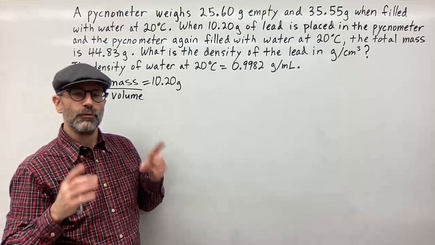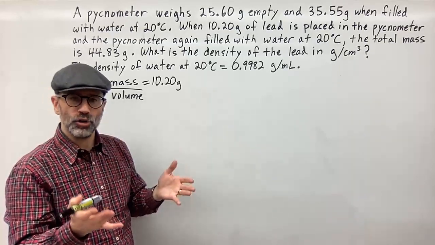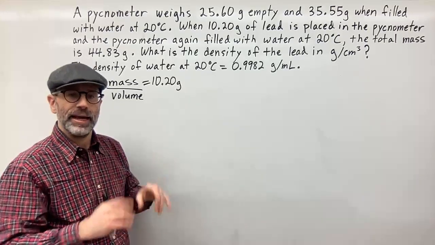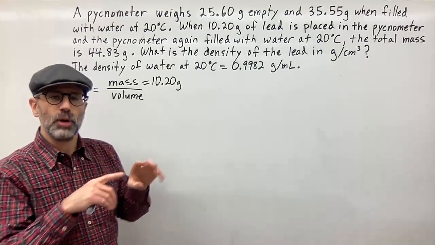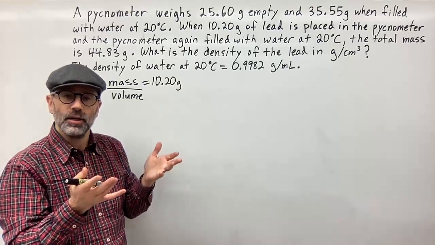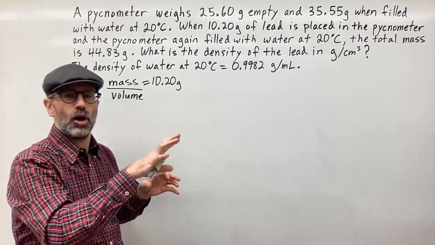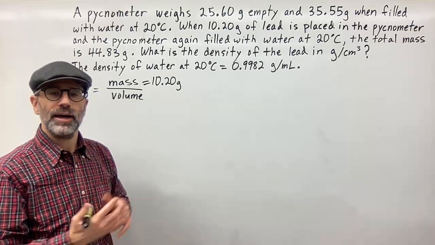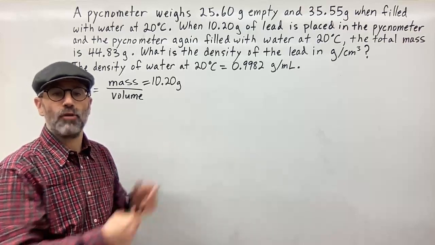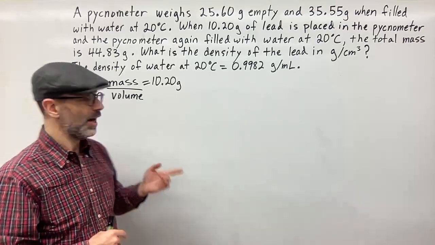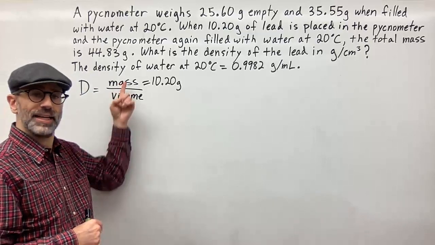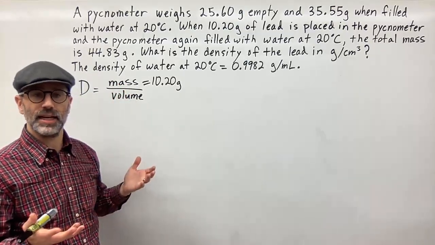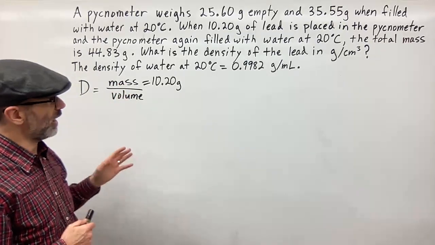If we knew the total volume of the pycnometer and the volume taken up by the water, then we could subtract the volume of the water from the total volume, and whatever's left should be the volume taken up by the lead. Then we could use our density formula to calculate the density. So can we do that?